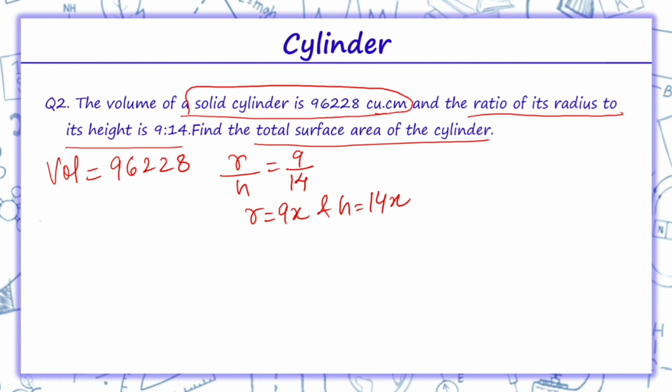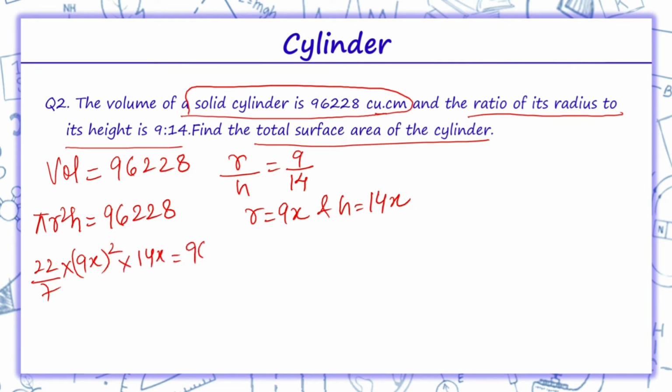Now we know the formula for volume is πr²h. That is 96,228 = 22/7 × (9x)² × 14x. Now 22/7, 9 squared is 81x², into 14x, equals 96,228.